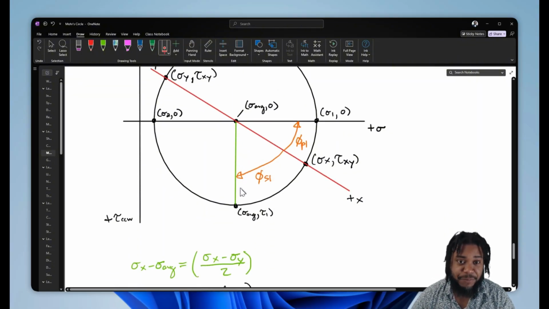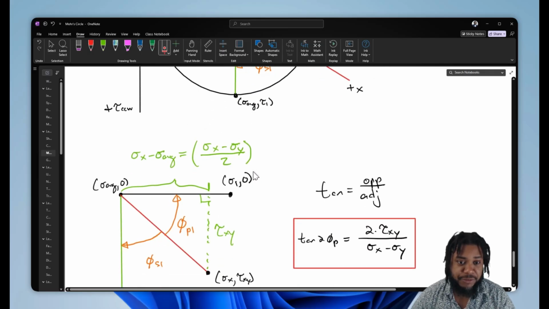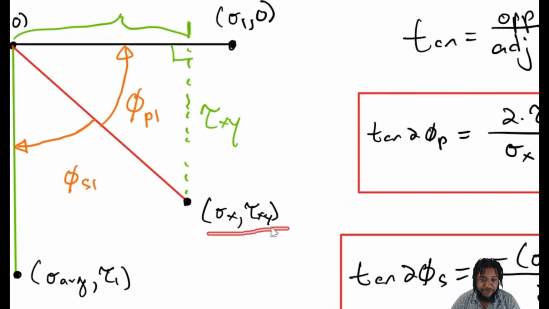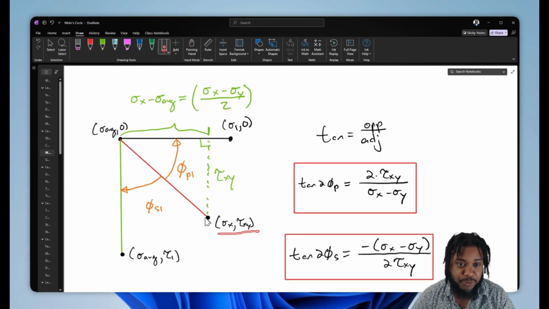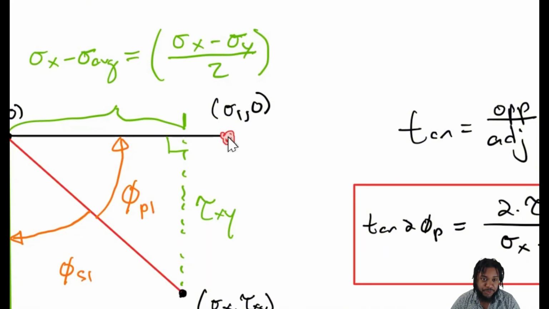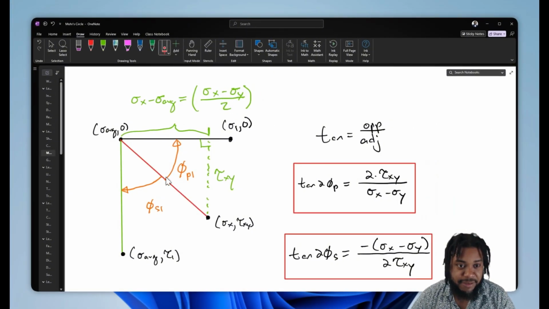Now let's do an example here. Let's consider we've got that original state of stress. This is our positive x surface point, and we want to find the angle from our original state of stress to the first principal stress. That angle is going to be between our red line and our black line.